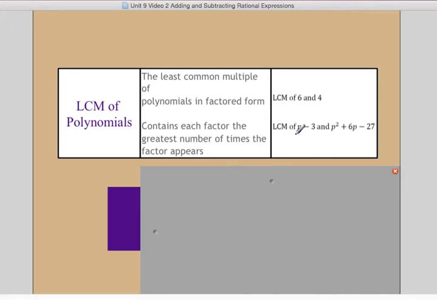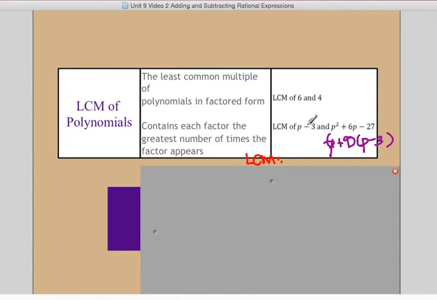Now the LCM of p minus 1 and p squared plus 6p minus 27. So we would have p minus 3. This one factors into what multiplies to negative 27 but adds to 6. 9 times 3 gives you 27. If I want a positive 6, I'd have positive 9 and negative 3. Looking at my factors to figure out my LCM.